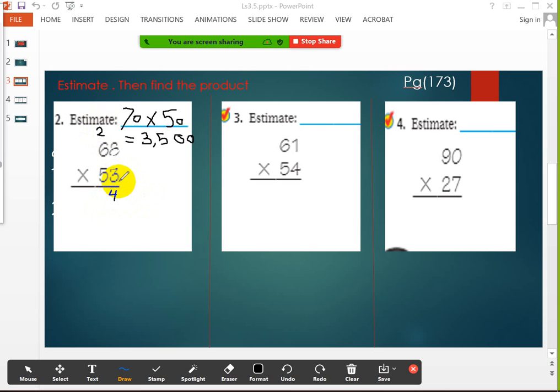Now 3 multiply 6, Lana. 3 multiply 6 equals 18, right? Plus 2. 18 plus 2 equals 20. So I have to write it here because there are no numbers after the tens. Thank you so much, Lana.